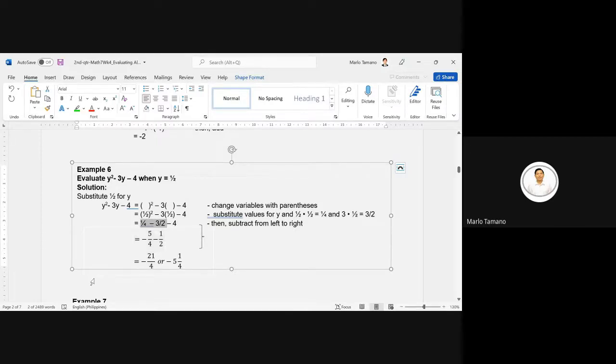Ang una niyong gagawin po ay i-cross multiply ito. 1/4 minus 3 halves. Naiintindihan? Di ba tinuruan ko dati? Pwede kayo mag-cross multiply.